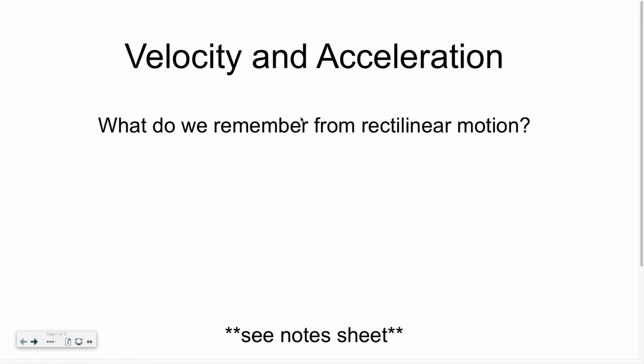Let's talk about things that we remember from motion back in AB. It has to do with movement. Derivatives. The derivative of position is velocity. The derivative of velocity is acceleration.